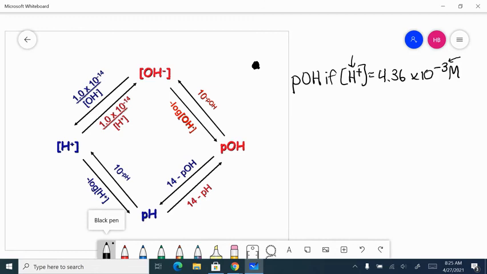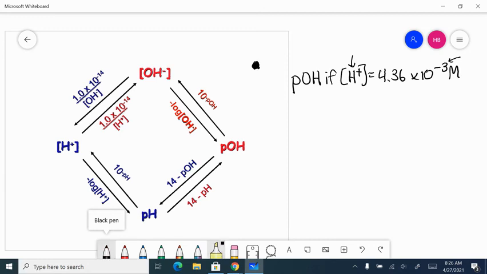So if it's an acidic solution, my pH is going to be between 0 and 7. My concentration of H plus is going to be greater than 1 times 10 to the minus 7. And my pOH is going to be greater than 7. So those are all the things that I can use to find out which is a reasonable answer.